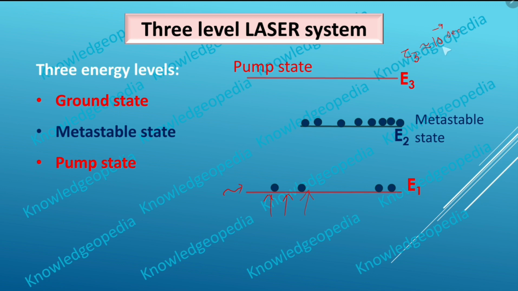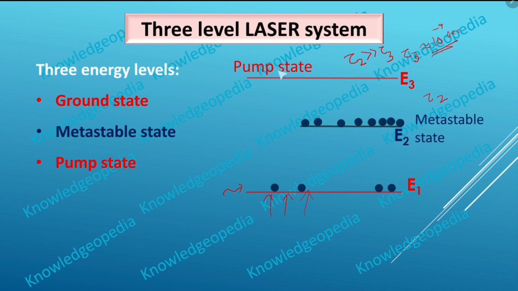This is the lifetime of the atoms at energy level E3. But the lifetime of the atoms at energy level E2 is very high as compared to this value. Let the lifetime at energy level E2 be tau 2. Then tau 2 is much greater than tau 3.